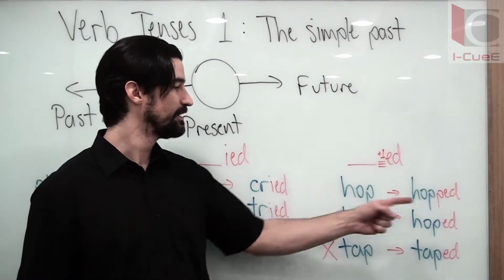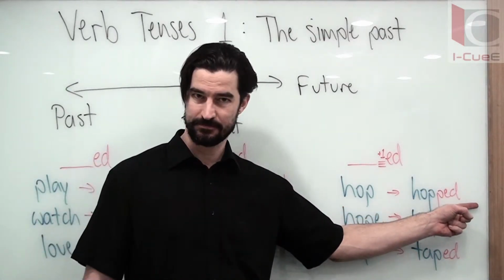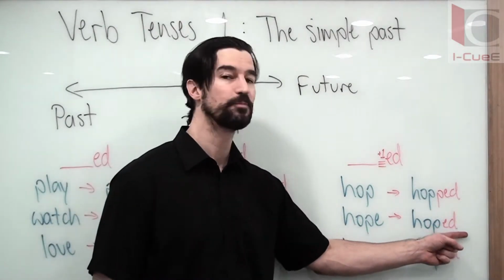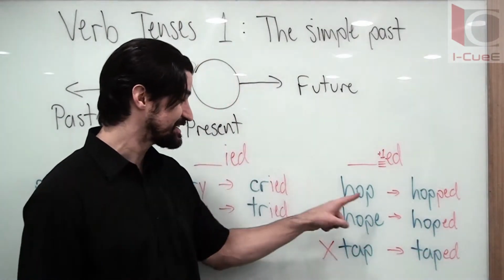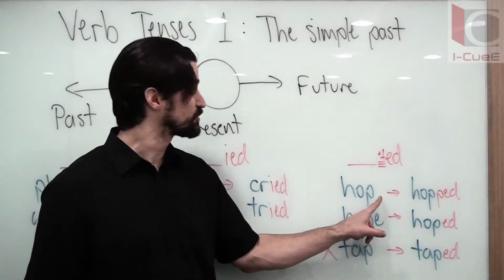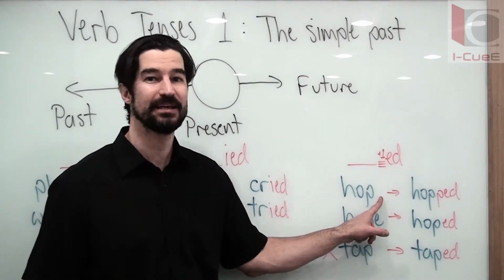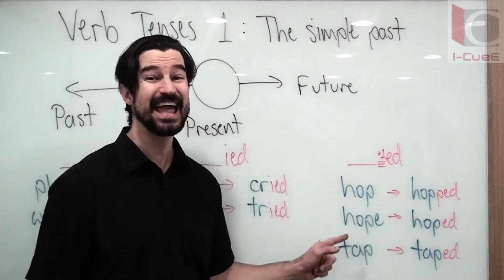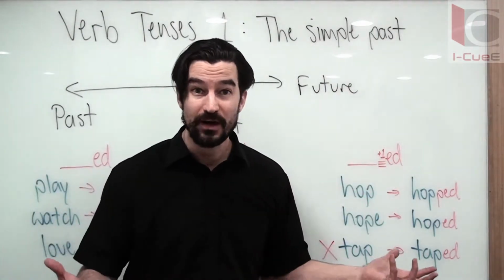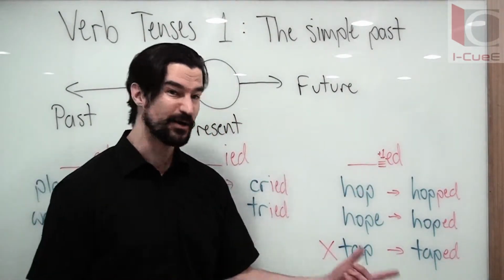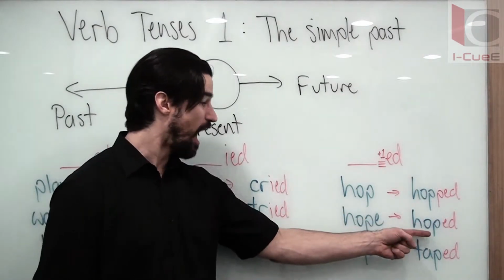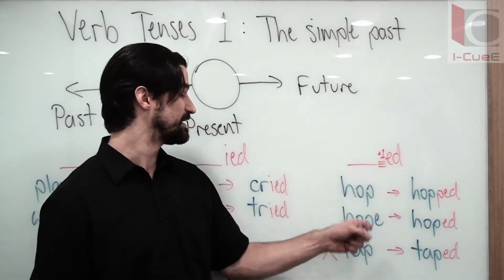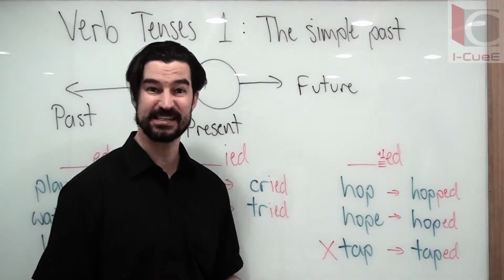So hop becomes hopped. Hope becomes hoped. If we didn't add another P here, then these two words would look the same, and then I would never know. I would be reading and I would go, wait, is this hopped or hoped?